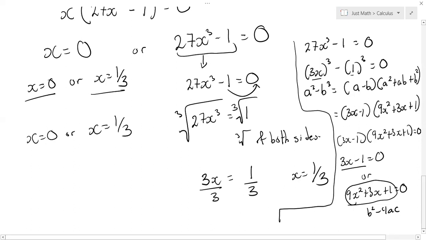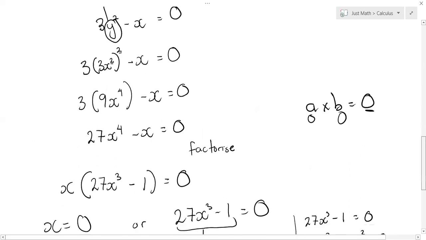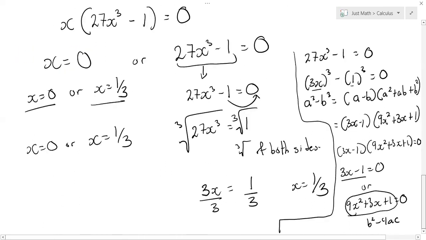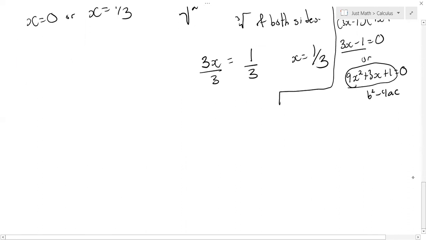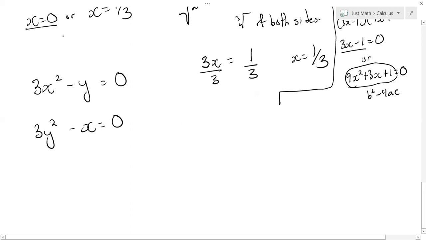Okay, now how do we find y? Let's go back to the derivatives that we had. Hope you're following well. 3x squared minus y equals 0, and 3y squared minus x equals 0. So let's start with when x is 0. Let's use equation 1. 3 times 0 squared minus y equals 0.